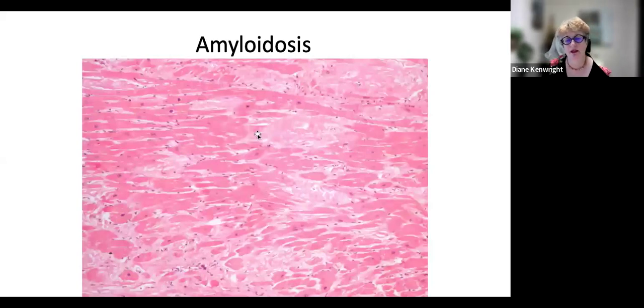Here's a picture. I know it looks like the fibrosis picture, but in fact, this is a slightly different color and is amyloid, but it has the same effect of abnormally affecting contraction, because it's just not compressible. The myocytes can't squeeze shut, and so there's no pumping action.